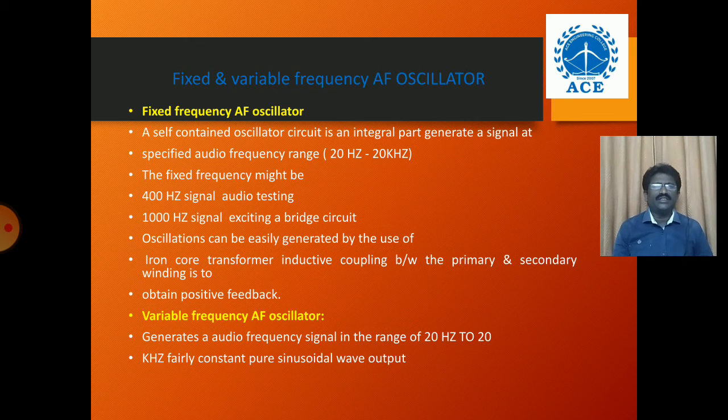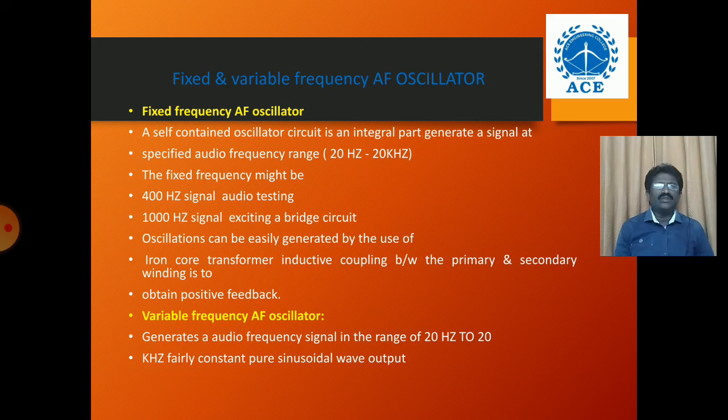The fixed frequencies might be 400 Hz audio testing signal and 1000 Hz for exciting a bridge circuit. Your audio testing signal is 400 Hz and the bridge circuit signal is 1000 Hz.